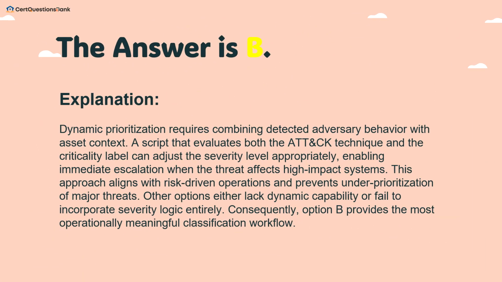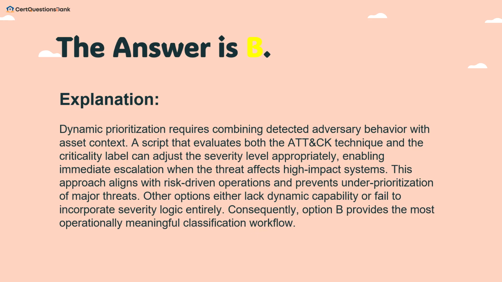The answer is B. Dynamic prioritization requires combining detected adversary behavior with asset context. A script that evaluates both the ATT&CK technique and the criticality label can adjust the severity level appropriately, enabling immediate escalation when the threat affects high-impact systems.